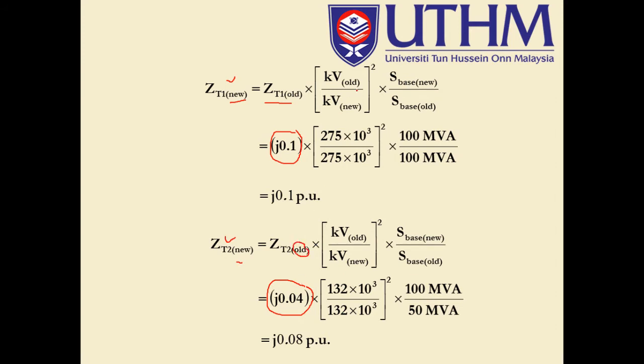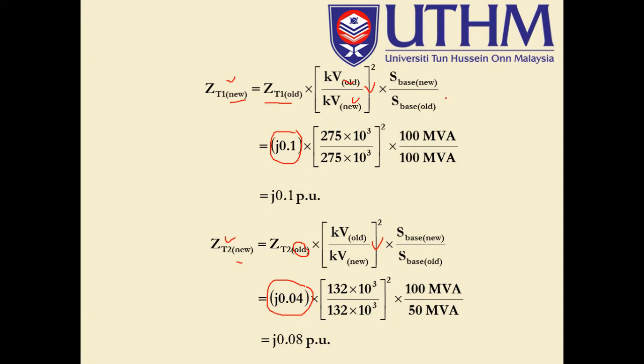We have no issue basically for the voltage, regardless of old or new. Since we picked the rating value of the transformer as the base value, the old and new are similar.